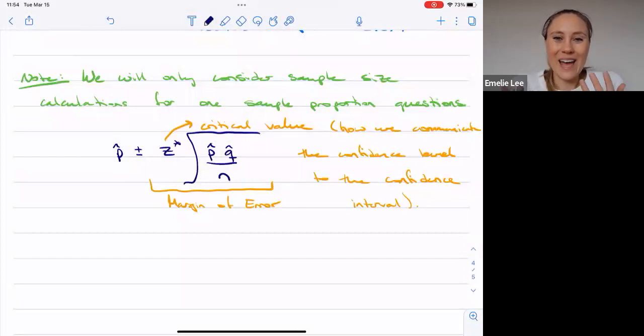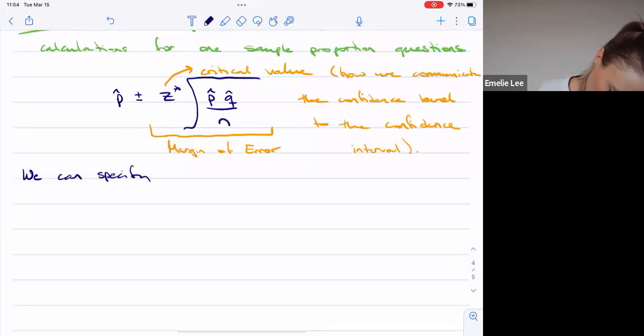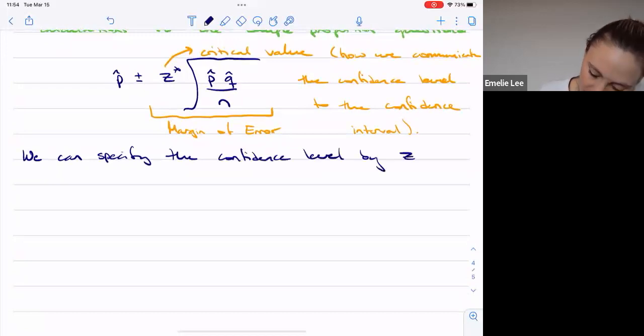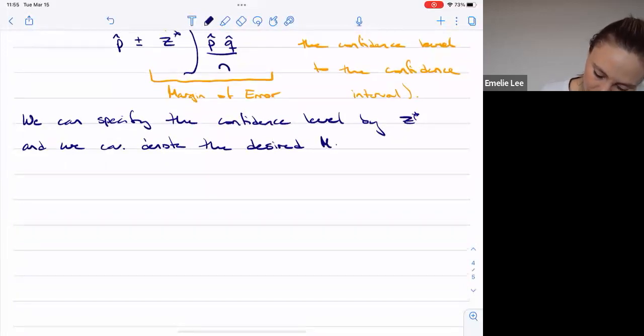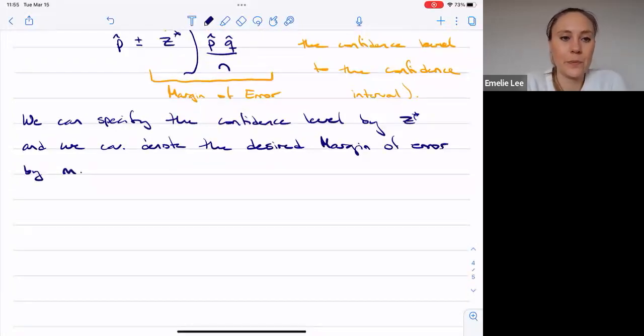So if I have some margin of error, we can specify the confidence level by z star, and we can denote the desired margin of error by m, for example, right?